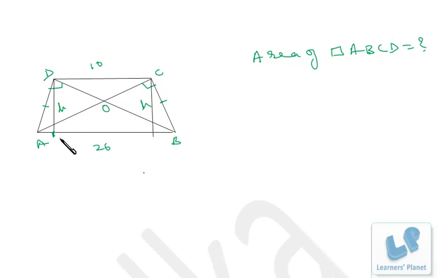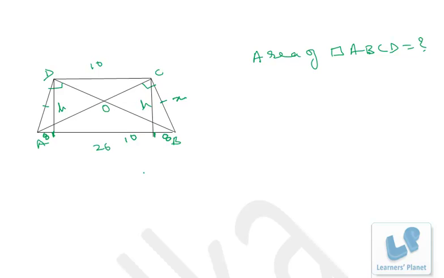Now the length from this point to this point is 10. The entire length is 26 and it is an isosceles trapezium, so this length will be equal to this length. This part is 10, so the remaining part is 16. So it will be 8 and it will be 8. I assume this to be x.